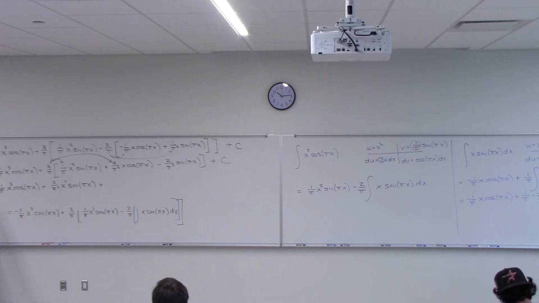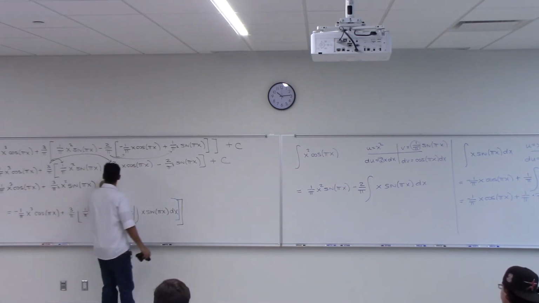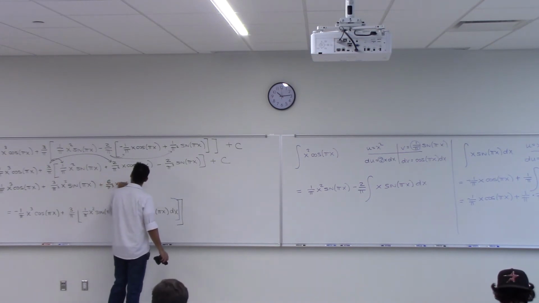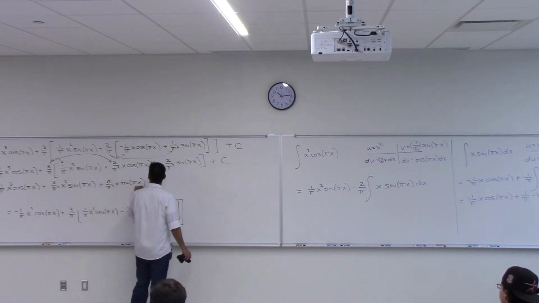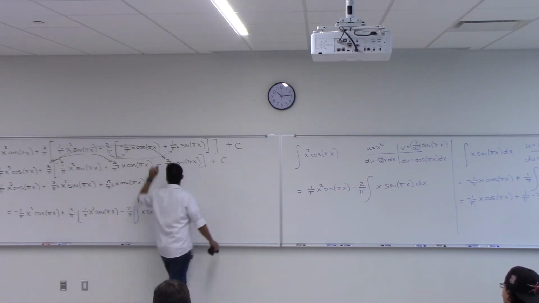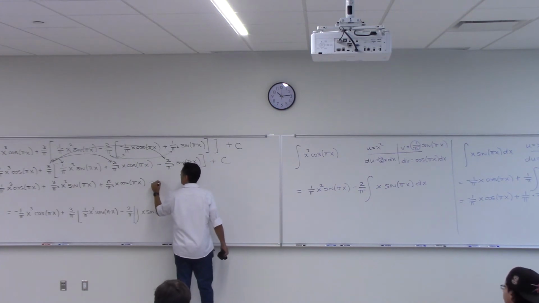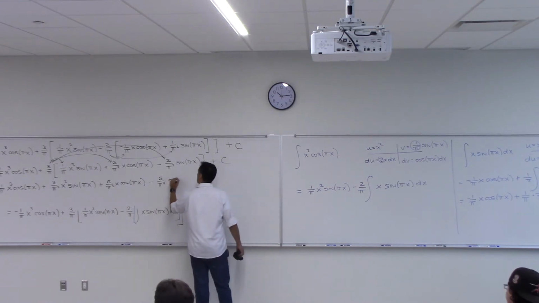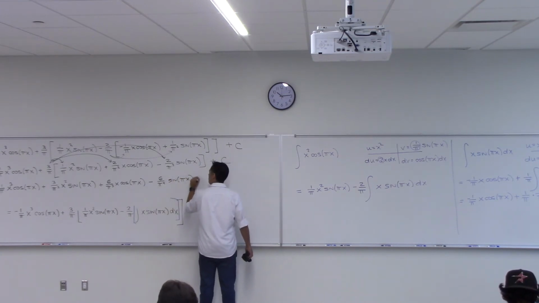Minus or, we should have plus, right? 6 over pi cubed x cosine pi x. Last one, here to here, minus 6 over pi to the 4th sine pi x plus c.